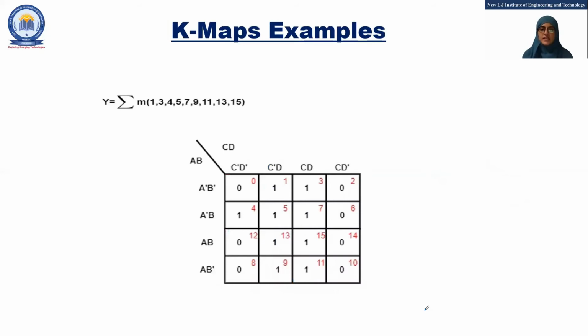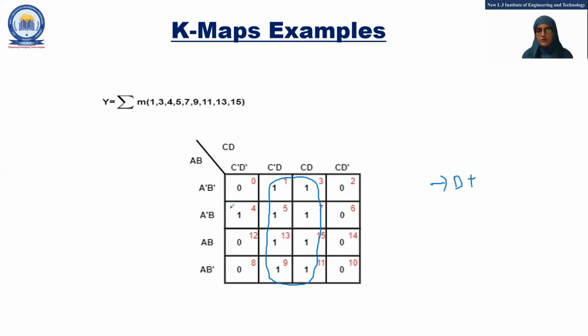Next is this example. So here I've already filled the ones in this K-map. We have to make octets, chords or pairs. So first we will cover maximum possible ones. So here we can make one octet. So the answer of this octet will be D. Next, we have to make chord or pair.